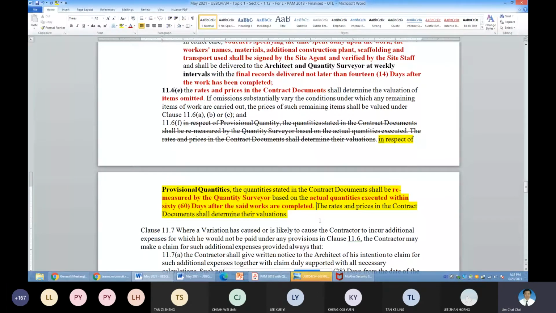With this clause incorporated, if you sit on it for more than 60 days, you are in trouble, because it is a breach by the employer. Your breach is equal to the employer's breach. So the employer will be in trouble and the employer will come after you. So please be careful.